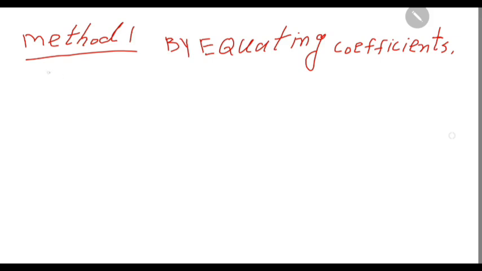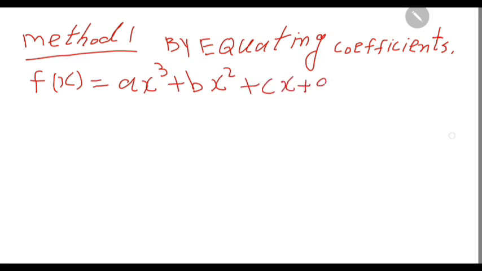So the f of x we have, this is given, ax power 3 plus bx squared plus cx plus d. The cubic graph's standard equation is f of x equal to ax power 3 plus bx squared plus cx plus d.